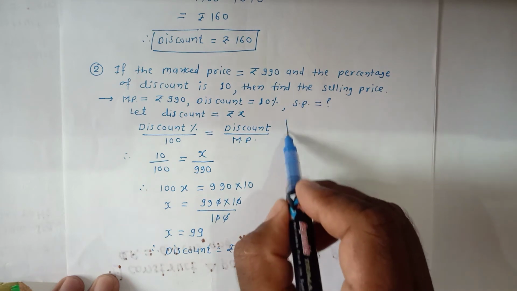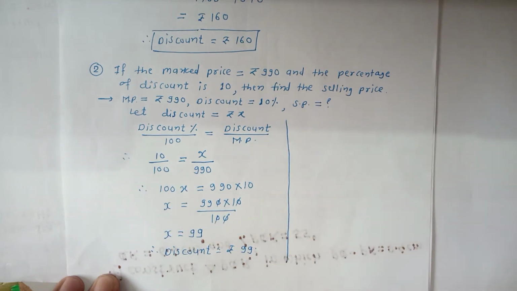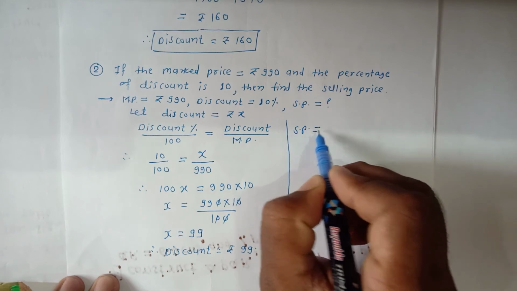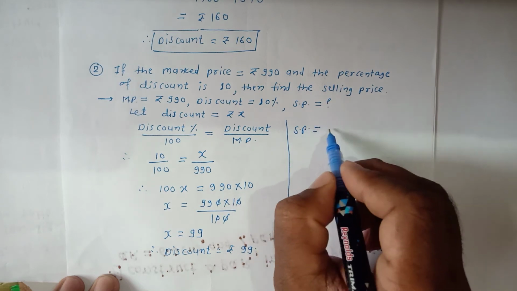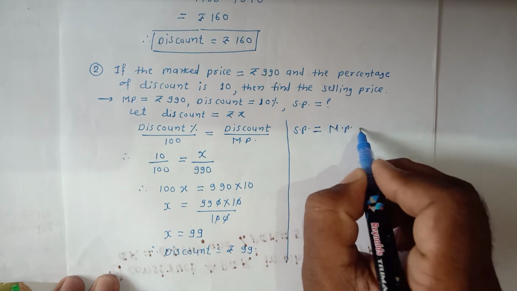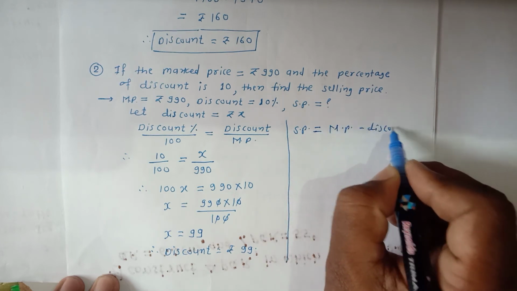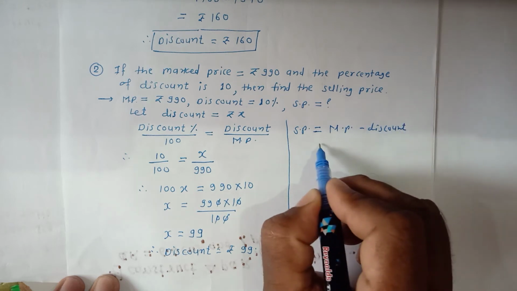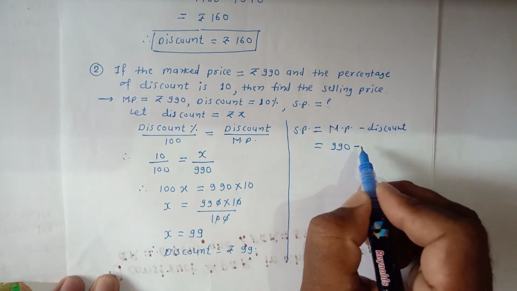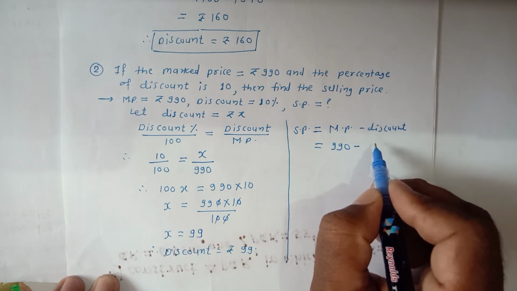Now we have to find SP, the selling price. So the formula for SP is equal to MP minus discount. So is equal to MP is 990 minus discount is 99.